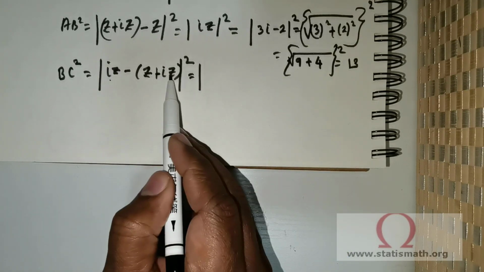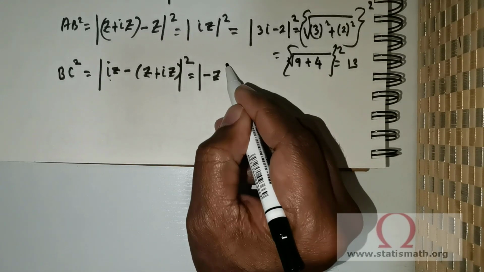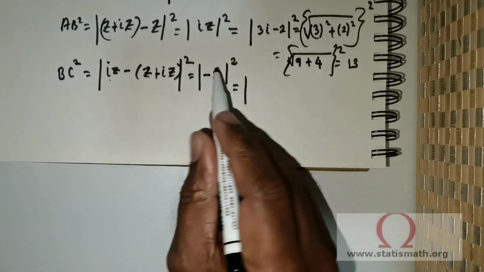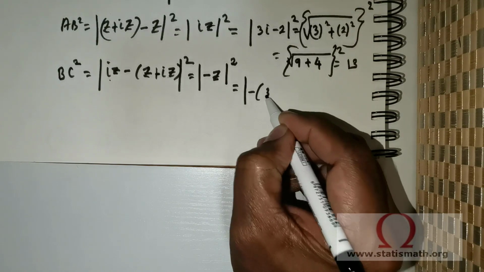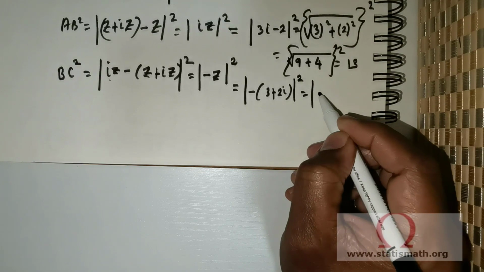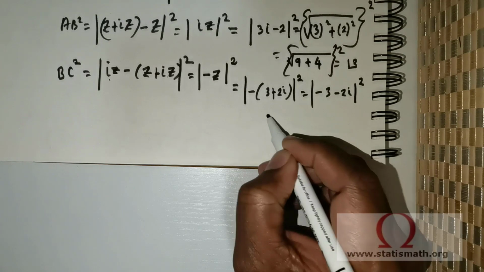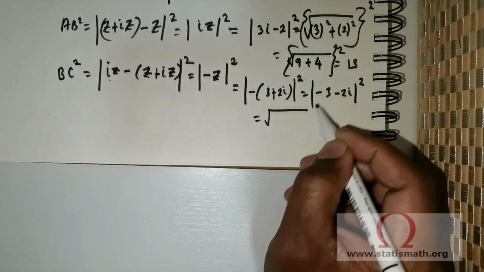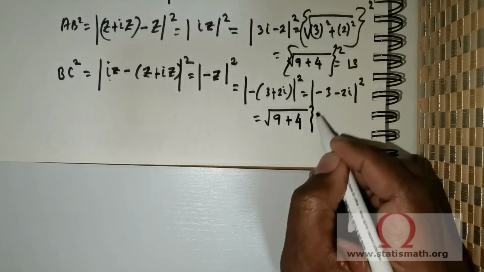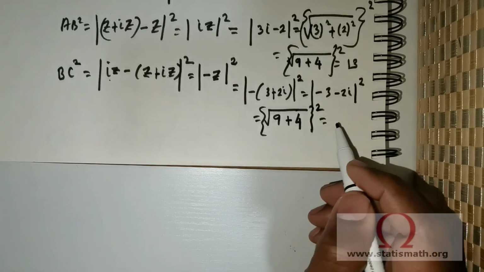Now iz and -iz get cancelled, giving you -z, and that has to be raised to the power 2. Now z is given to be 3 + 2i, so that is going to be -3 - 2i raised to the power 2. When you take the modulus, it's going to be root of (-3) squared is 9 + 2 squared is 4, and that has to be raised to the power 2. So this is going to be root of 13, but the square and the root get cancelled, giving you 13.